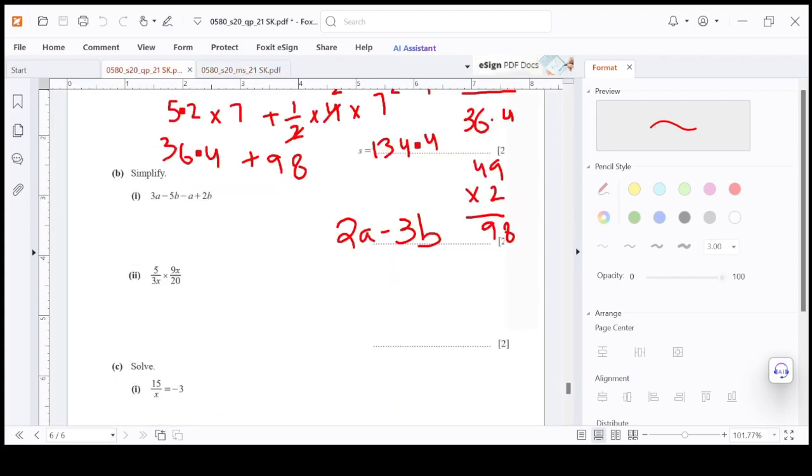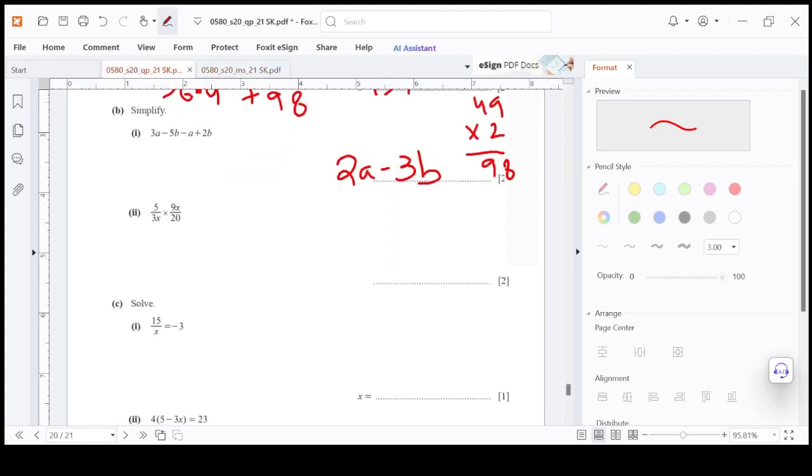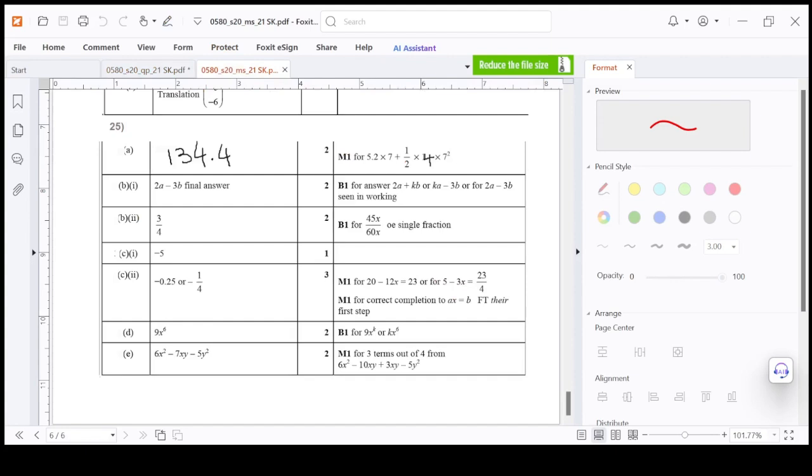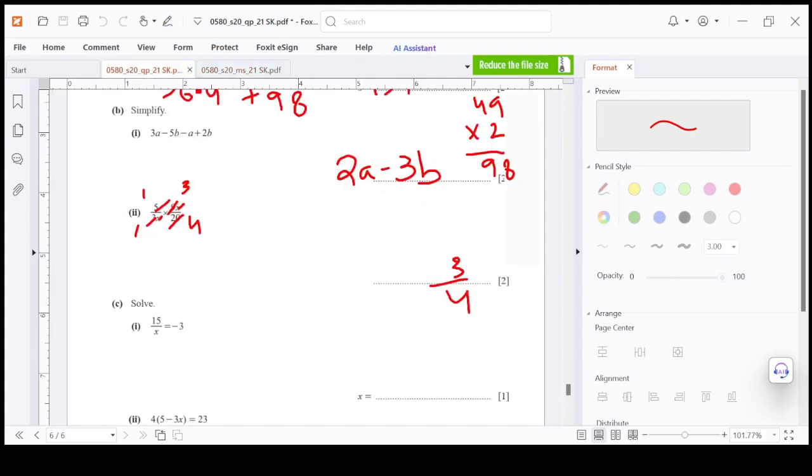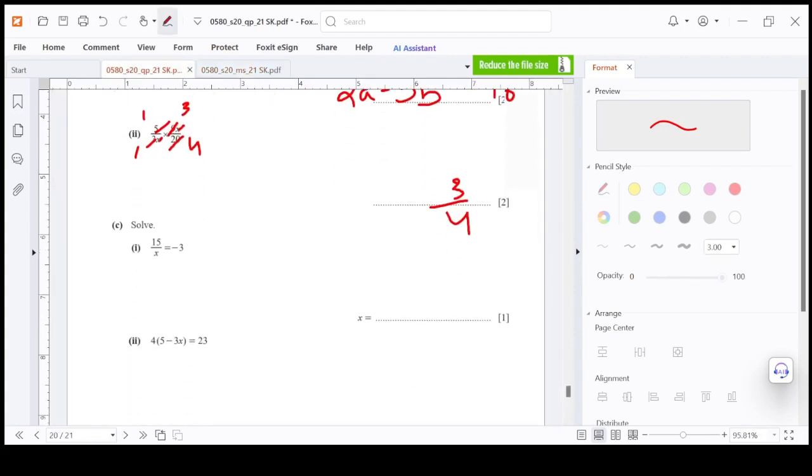Okay, next up is multiply these two fractions. x and x cancel out, and 9 and 3 cancel out. We have 1 here, 3 here, and then 5 and 20 cancel out, 1 here, 4 here. Answer should be 3 upon 4. Let's check. Yes. Then we have to solve this.